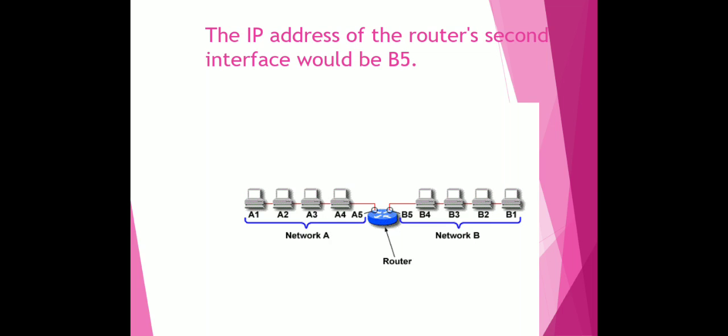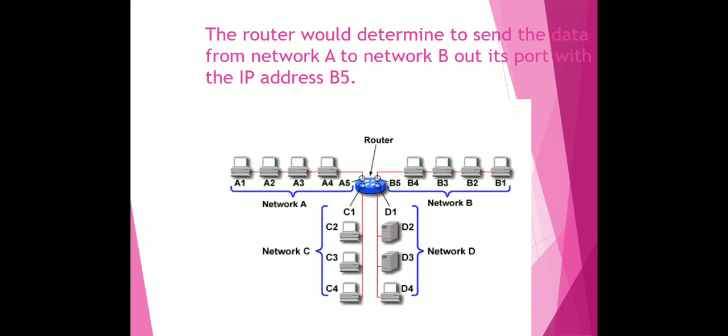Here network A and network B are connected to the router. The router would determine to send the data from network A to network B out its port with the IP address B5. Here you can see how a router connects network A, network B, network C, and network D.